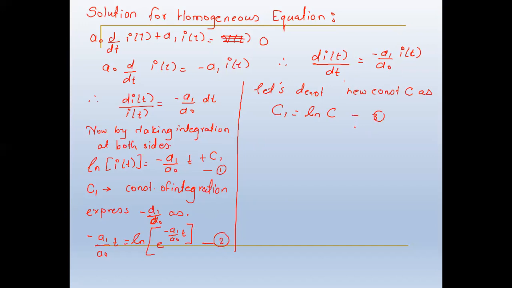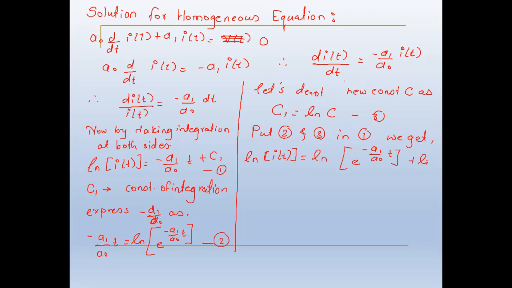If we put equations 2 and 3 in equation 1, we get natural log of I of t is equal to log of e raised to minus a1 by a0 of t plus natural log of c.